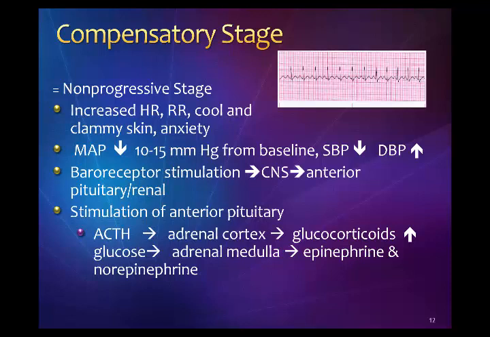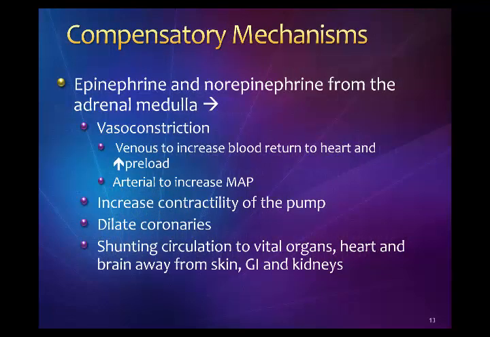So all of those things are going to help us with the fight or flight process and dealing with this shock, as well as epi-norepi from the medulla. Remember, the cortex is on the outside of the adrenal gland, and inside is the medulla.